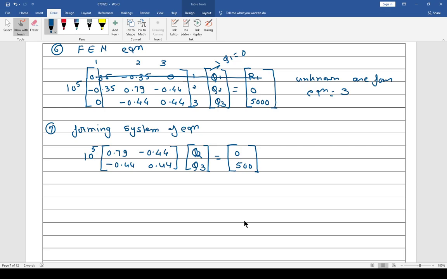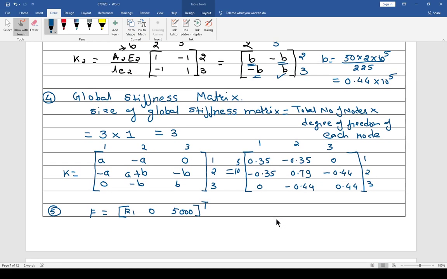Now your challenge is to let me know what Q2 and Q3 are. So you have to use the 8th step, that is the Gauss elimination method, and you will get Q2 and Q3. Okay, this is my 8th step.